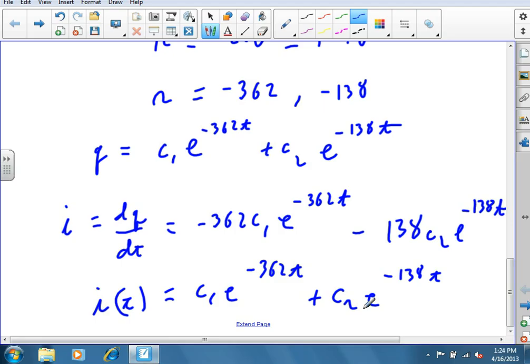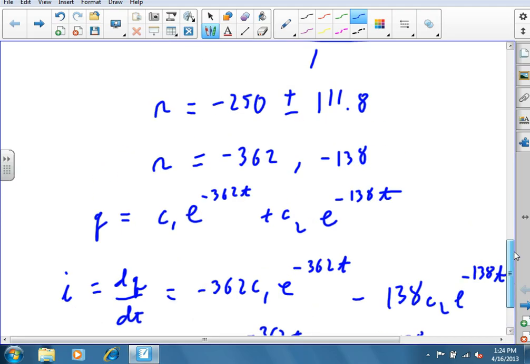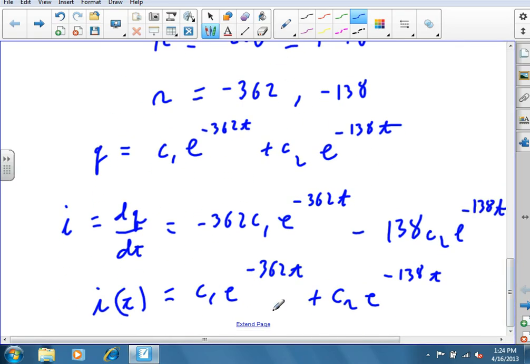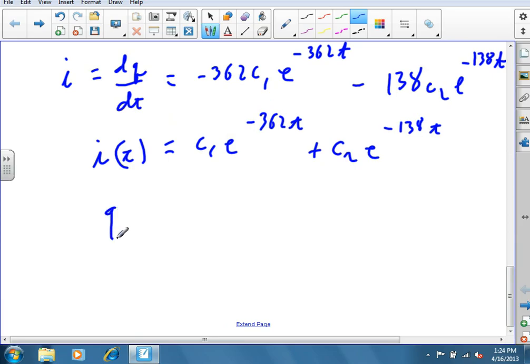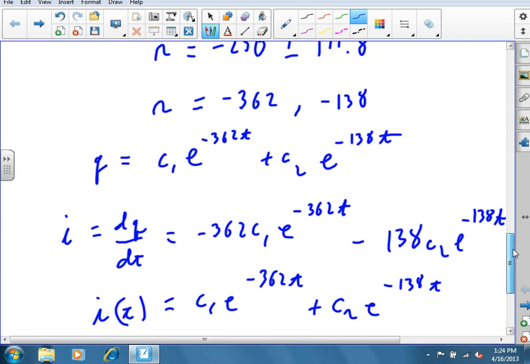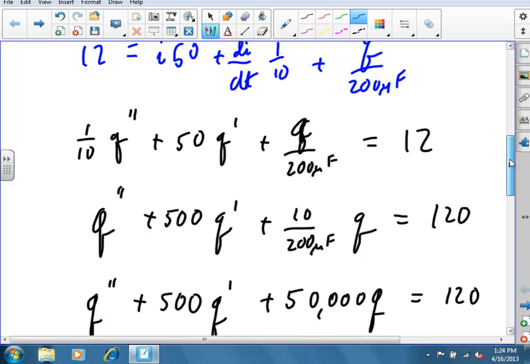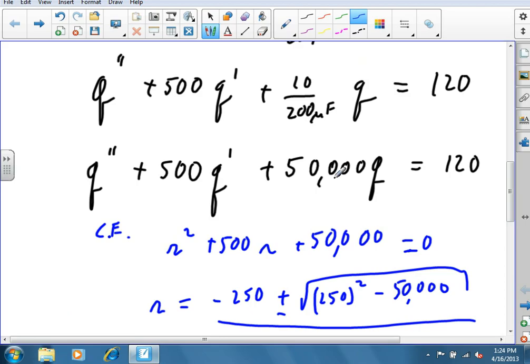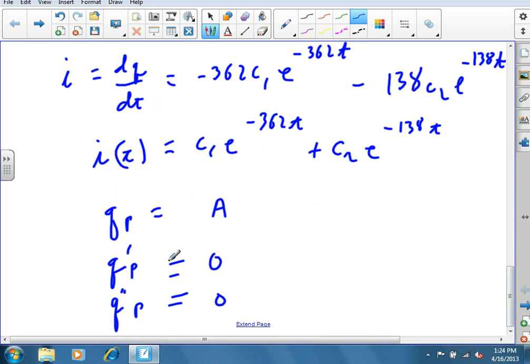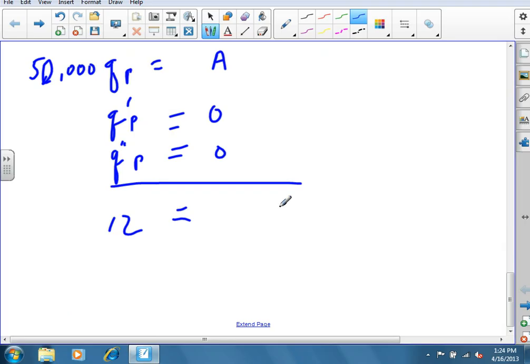Number 9. Okay, because I still need to find a particular solution. So Q sub P is equal to A, and Q prime P and Q double prime P are 0. If I take 50,000 of that guy, 50,000 A has to be 12, so A is going to be 12 over 50,000.